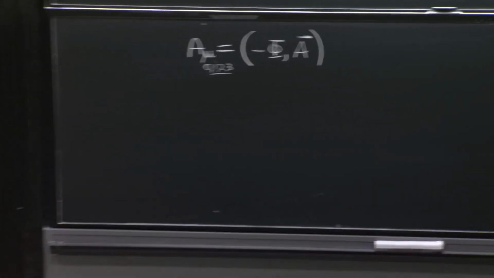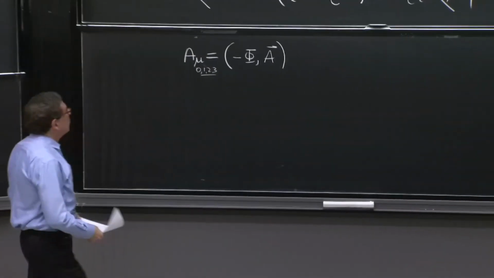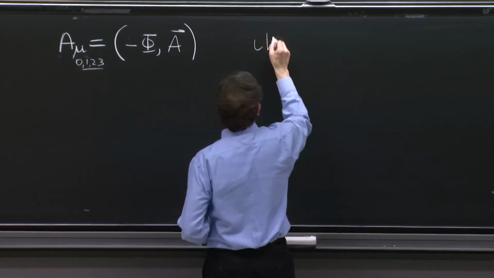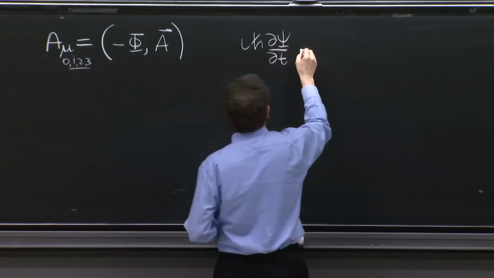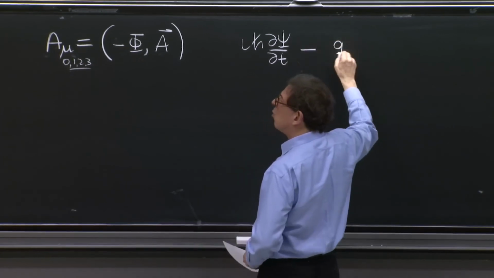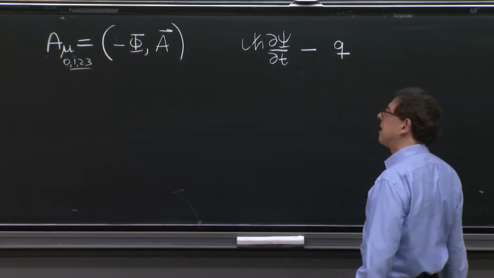And then if you look at the Schrödinger equation, what do we have? We have i h bar d psi dt minus q phi. I'm bringing the last term on the right-hand side to the left.